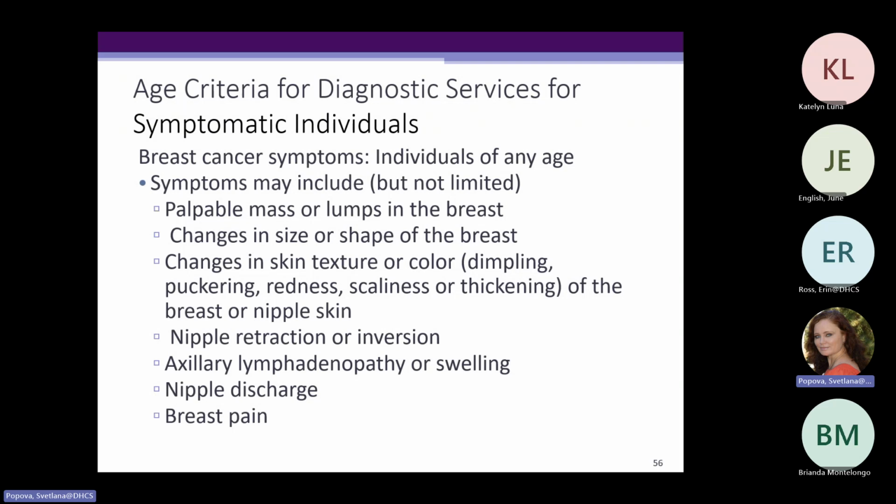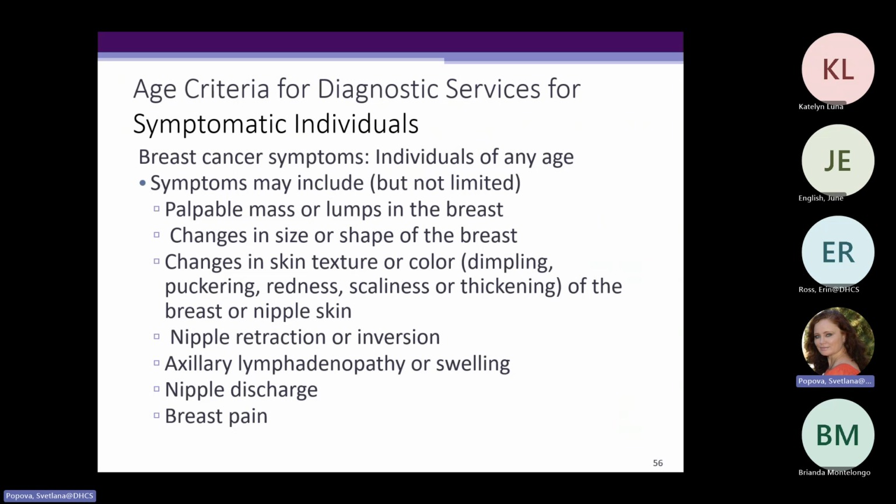So let's talk about symptomatic individuals. Symptoms may include, and are not limited to, a palpable mass or lump in the breast or under the armpit, change in size or shape of the breast, changes in skin texture or color, such as dimpling, puckering, redness, scaliness, or thickening, either of the breast skin or nipple, nipple retraction or inversion, axillary lymphadenopathy or swelling, nipple discharge, and breast pain.